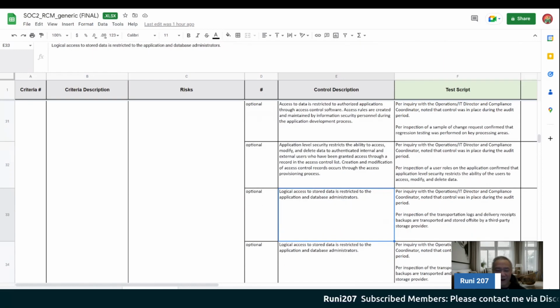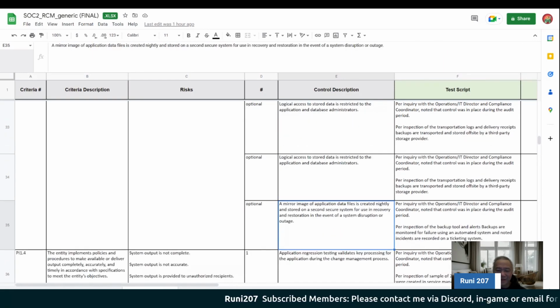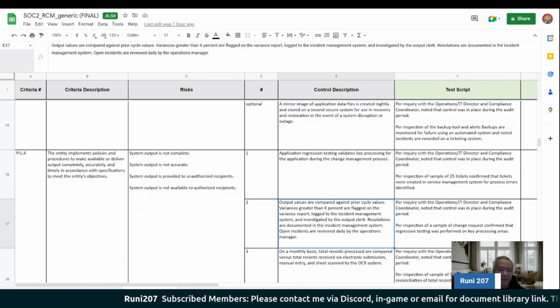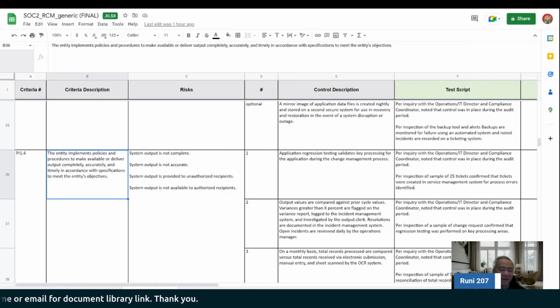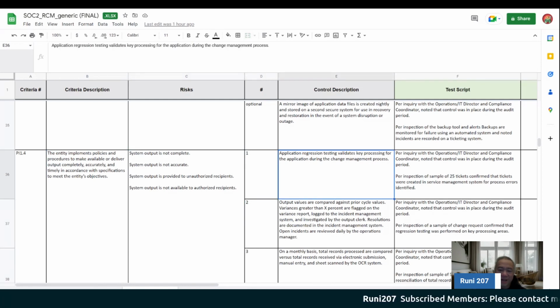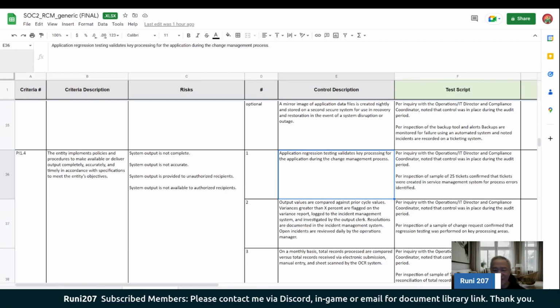Scheduling and the logical access, how data is moved. The fourth criteria, the control: the entity implements policies and procedures to make available or deliver output completely, accurately, and timely in accordance with specifications to meet the entity's objectives. So for the application, some of the updates may require application regression testing.